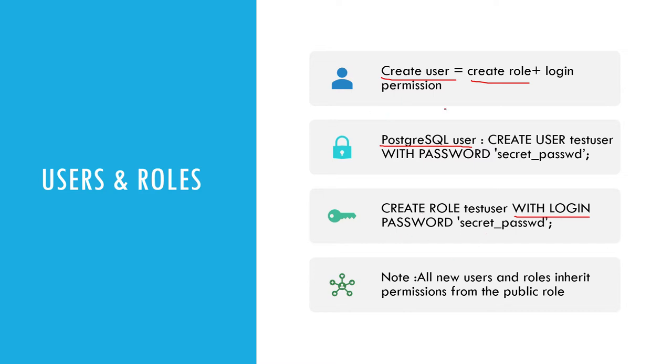So in Postgres, create user is equal to create role plus login permissions. By default, all the new users and roles inherit the permission from the public role, and we'll see how it plays an important role.